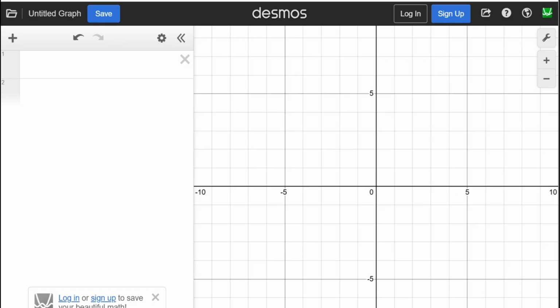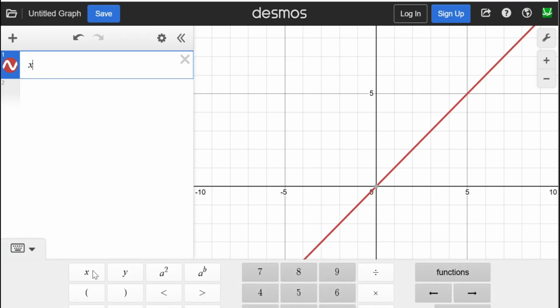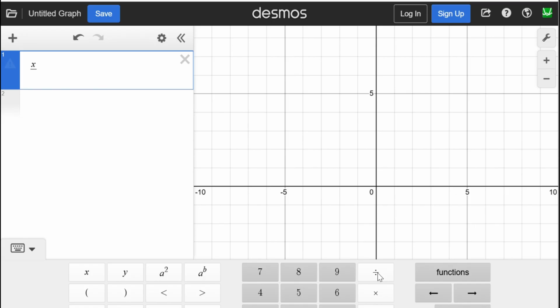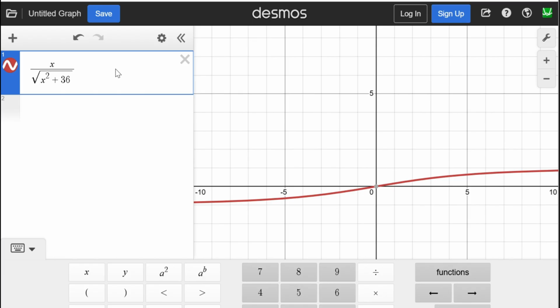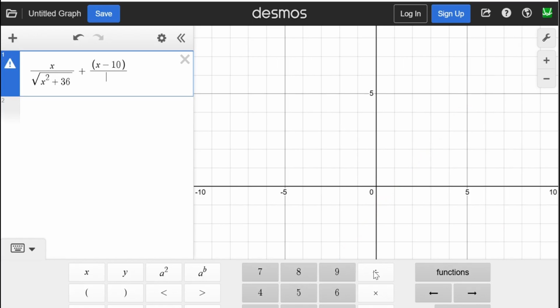And so, on Desmos, we'll just type in that function. You won't be able to see all the typing I'm doing. It's x over the square root of x squared plus 36, and then plus x minus 10 over the square root of x squared minus 20x plus 164.